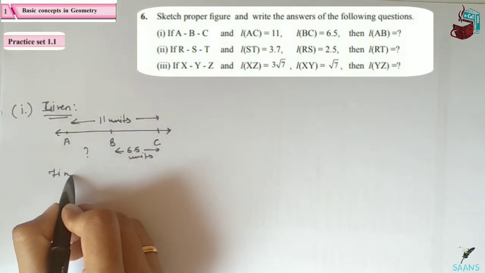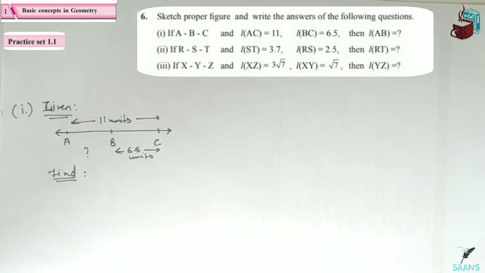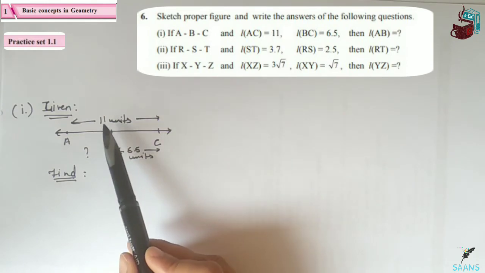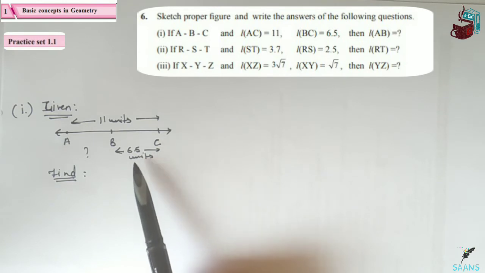So it is a similar sum, not much difference. I hope you all can do it. The only difference is that this is a whole number which we are subtracting from a decimal.